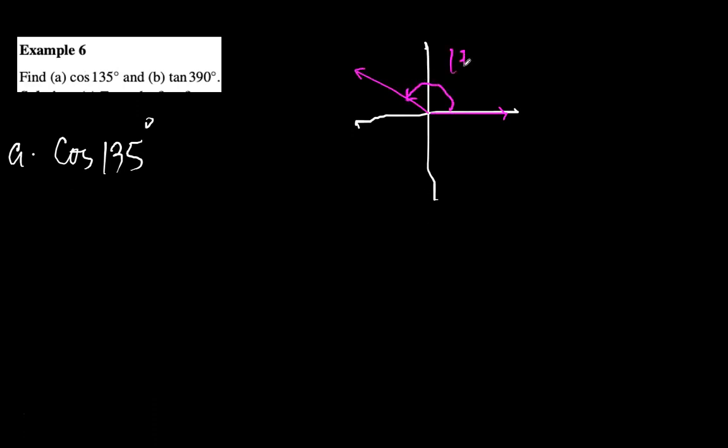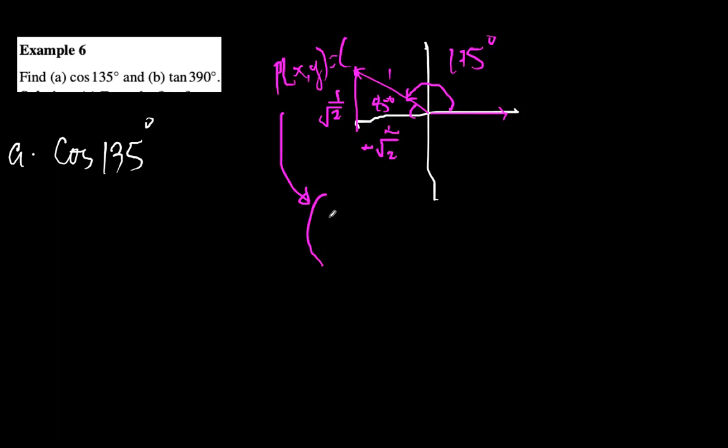Okay, and the angle is here. This is 135 degrees. And what's the point? What are the coordinates? Since this is 135, this is 45 degrees. Right? This is the reference angle. So this is 1 over square root of 2, and this is also 1 over square root of 2. This is negative, this is positive.